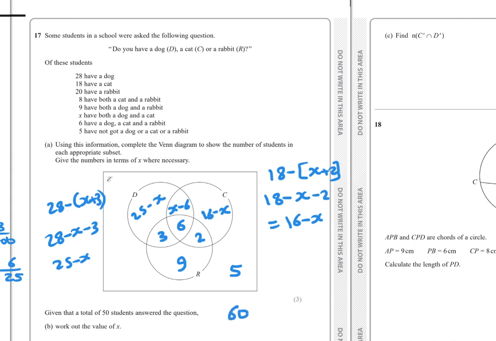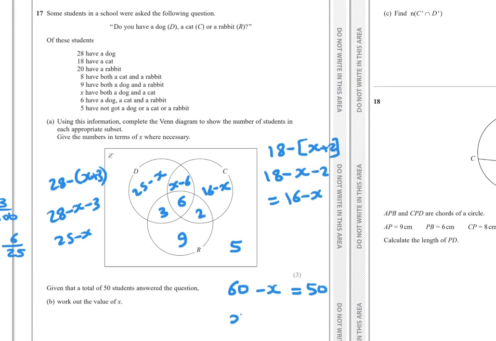Now add x plus negative x plus negative x. X plus negative x is 0, minus x, so negative x. And equate that to 50. So x equals 60 minus 50, which equals 10.